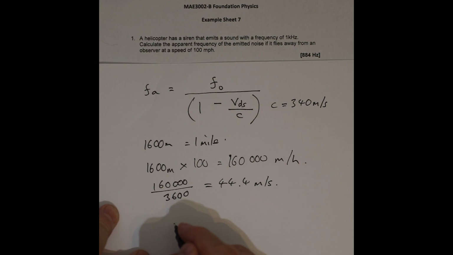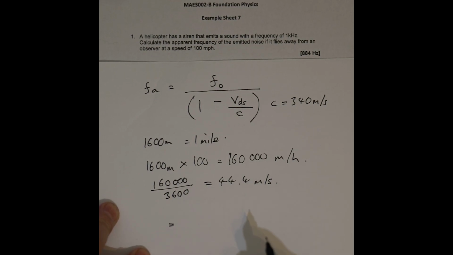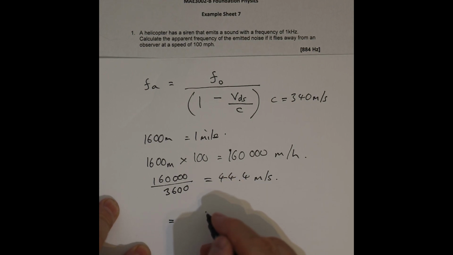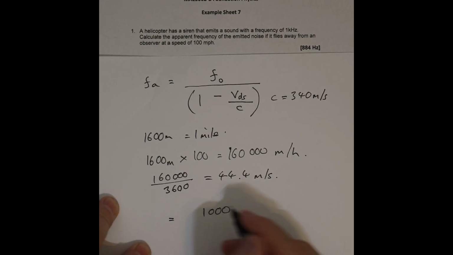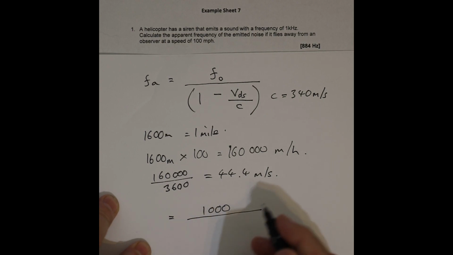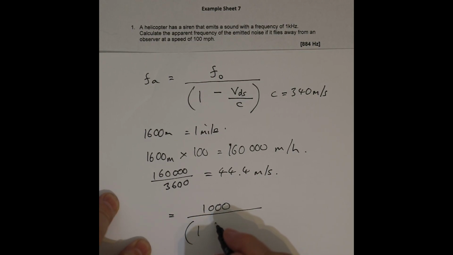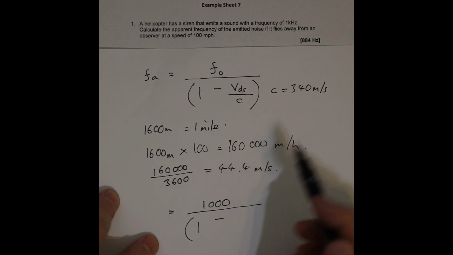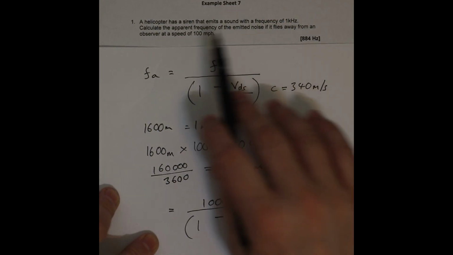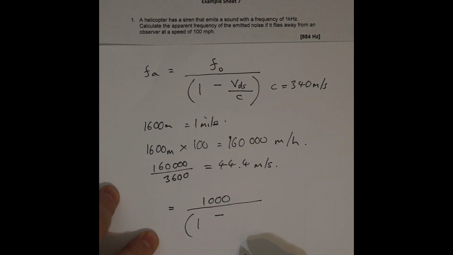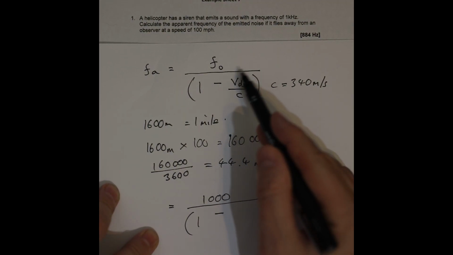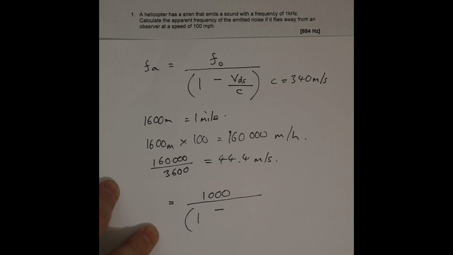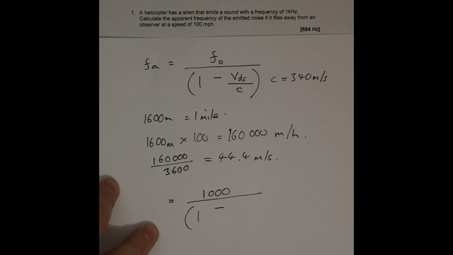Right, so now we have everything to populate our equation. If we write the equation out in full, it's equal to f0, which is 1 kilohertz, so we have to convert that into hertz: 1000 hertz divided by 1 minus. In this case, we have to be a little bit careful, because the helicopter is actually flying away from the observer. This velocity is positive if the observer and the object emitting the frequency are coming towards each other.